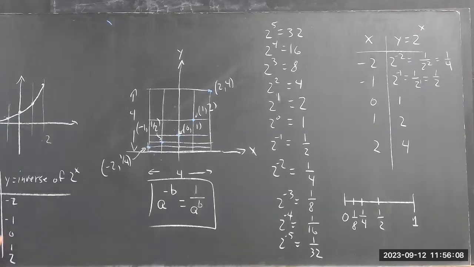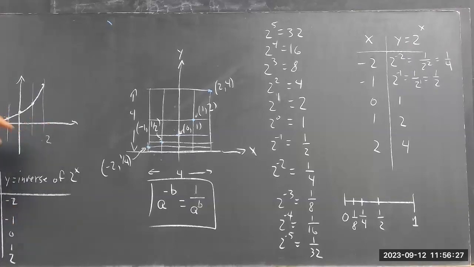Do we understand? I've just switched the numbers. Okay. If I graph these points, then I've got to have 1/4, -2.